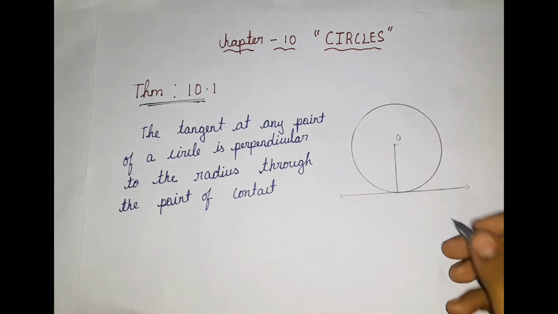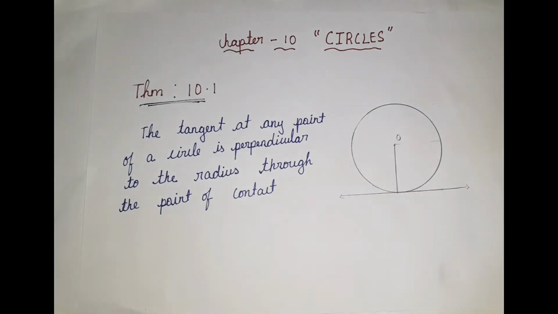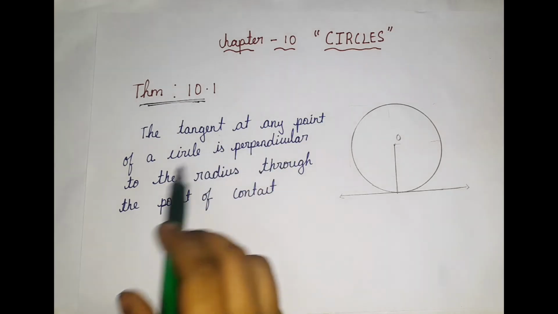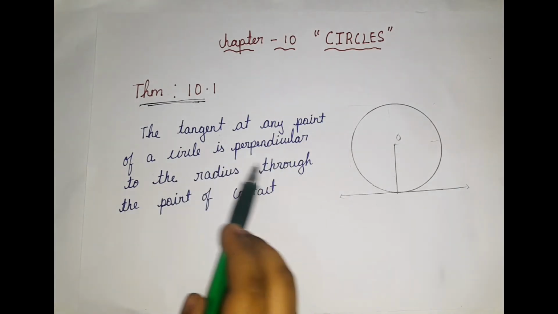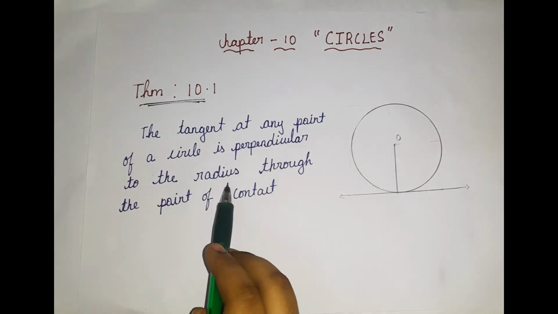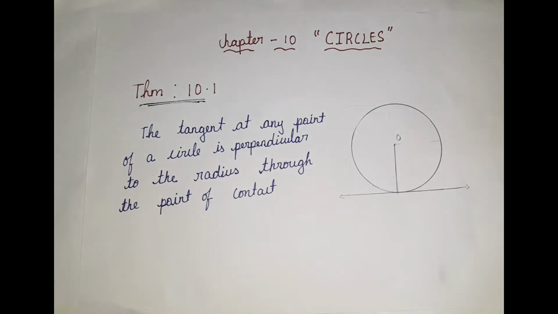According to theorem 10.1, the tangent at any point of a circle, so this is a tangent, is perpendicular to the radius. Perpendicular means having 90 degrees, and we denote it by this symbol.